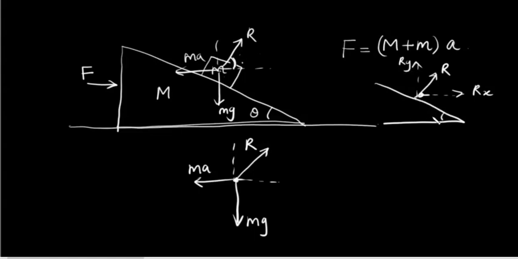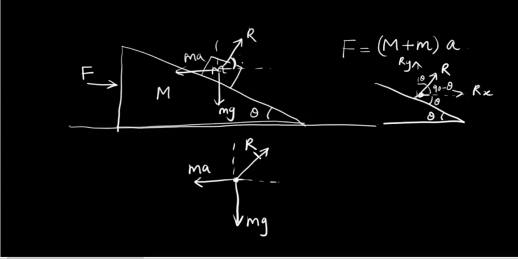Then this angle is theta, and according to the alternate angle, this angle will be theta. This will be 90 minus theta. So our Ry component is R sin theta and Rx component is R cos theta.